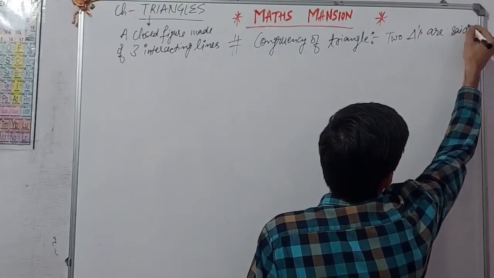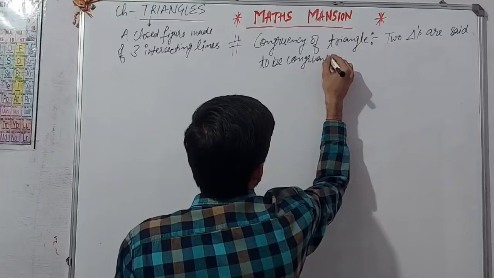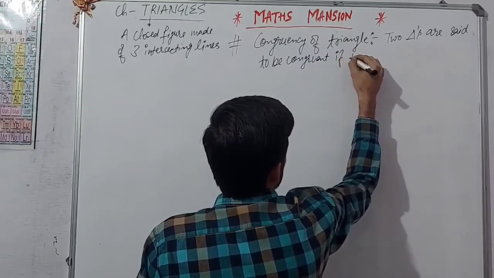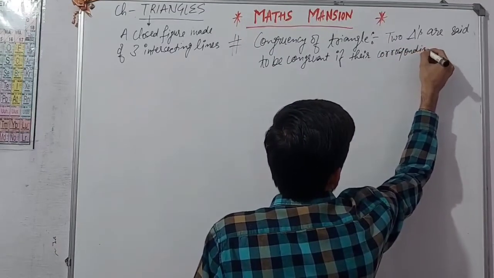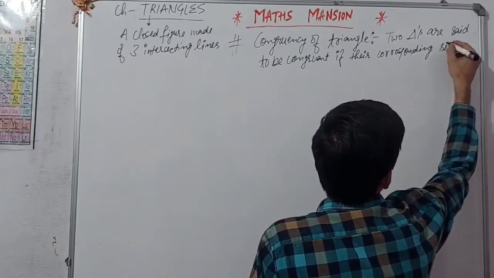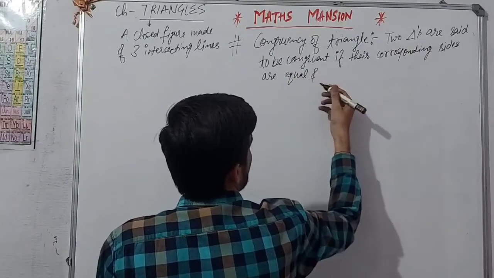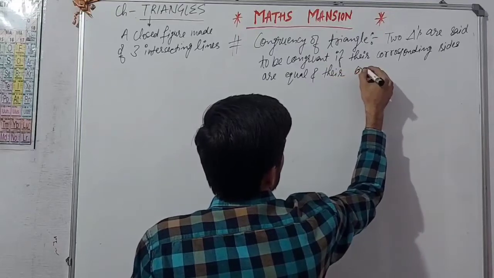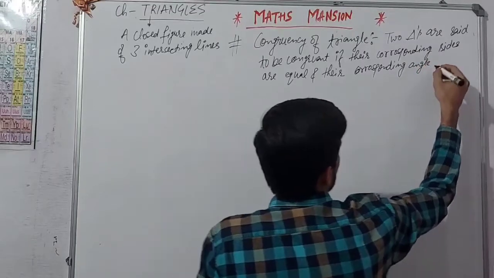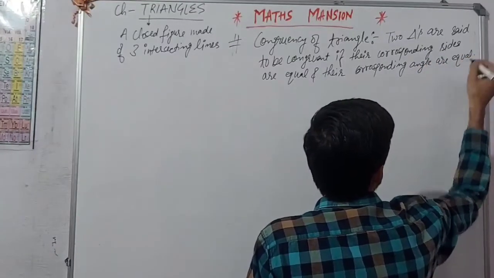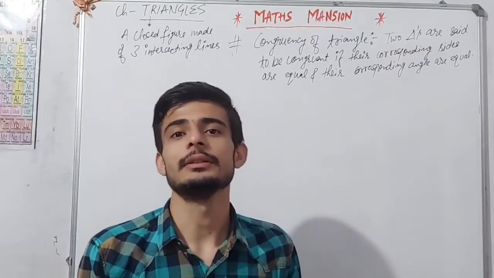are said to be congruent if their corresponding sides are equal and their corresponding angles are equal, which means that the shape and size of both the triangles will be equal.